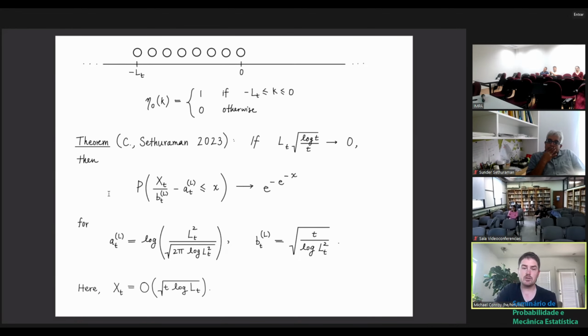As long as there are no particles to the left of minus L and no particles to the right of 0, and in between the initial condition is periodic, we get similar results. By that I mean also a Gumbel distribution, where the scaling changes similarly to the other case.